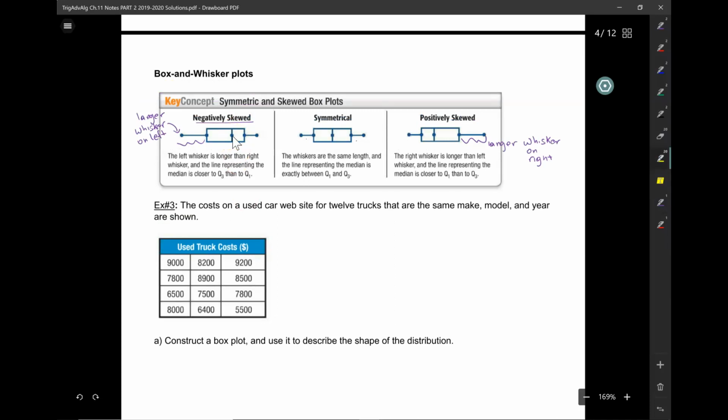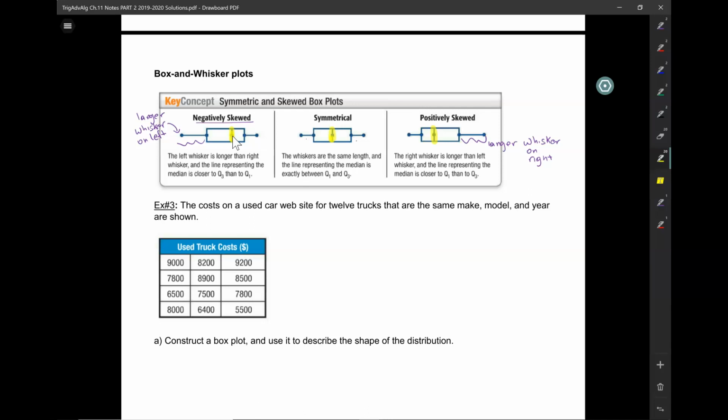If it's a larger whisker on the left, if it's negatively skewed, look at how the median gets pushed away from that large whisker. And the same thing for the positively skewed. Look at how that median now gets pushed to the opposite side, away from the whisker. Whereas if it's symmetrical, it's right in the middle.